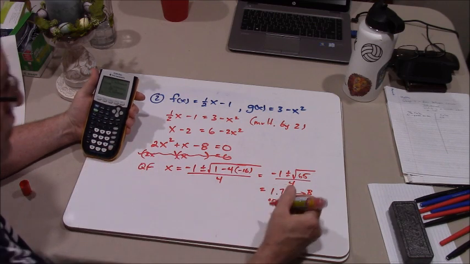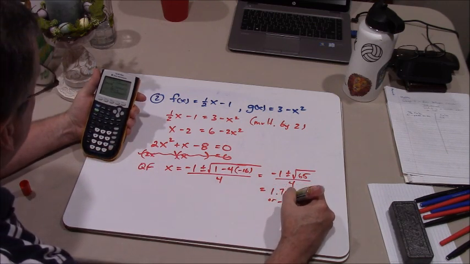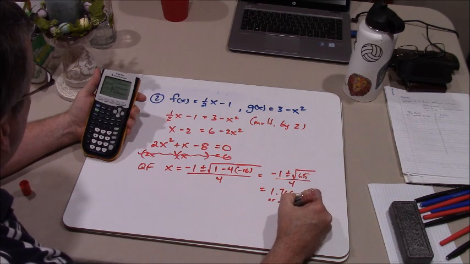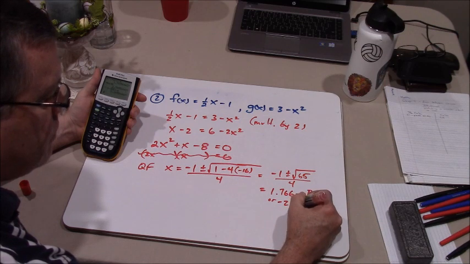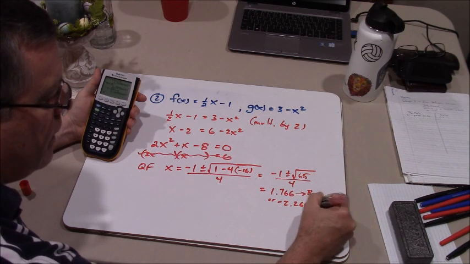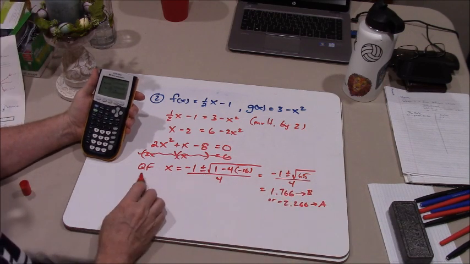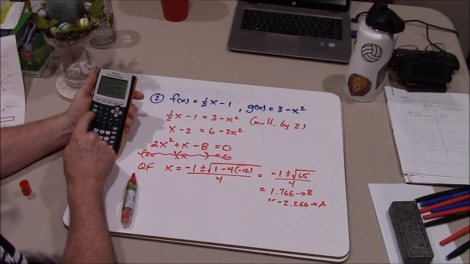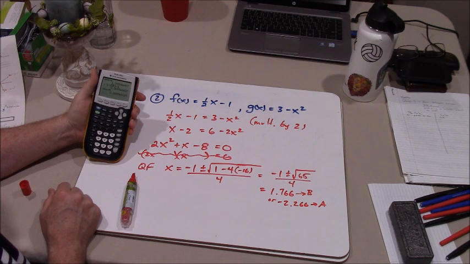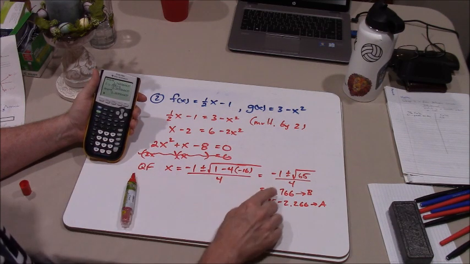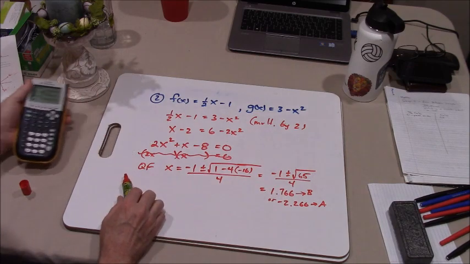There it is. I get a negative 2.266. And I'm going to store that in A. So store alpha A. All right, so now when I evaluate this, I've got my exact values to work with.